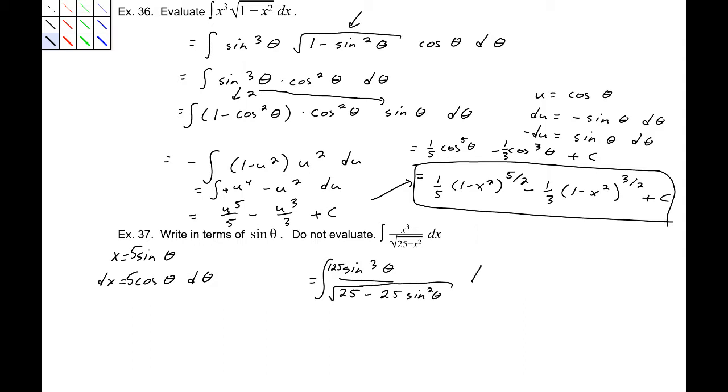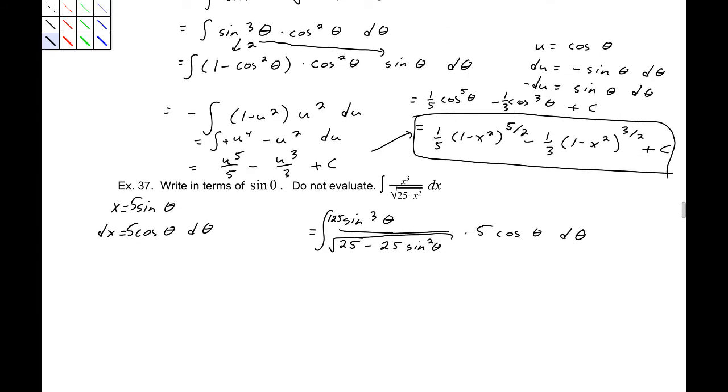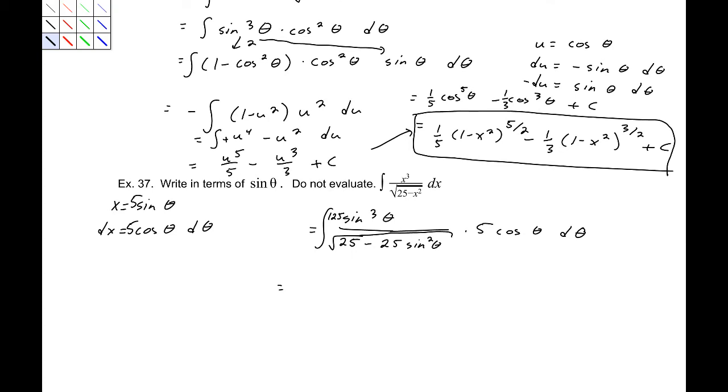Now our dx is going to become 5 cosine theta d theta. Okay, well, that 25 cosine squared is going to become a 5 cosine theta. 125 sine cubed theta times 5 cosine theta d theta.